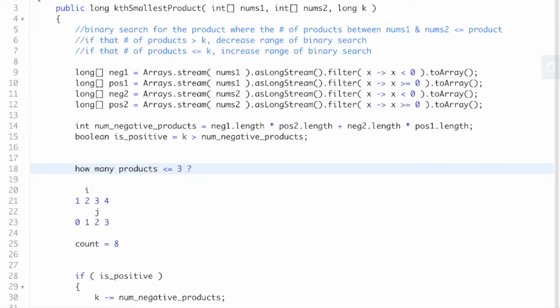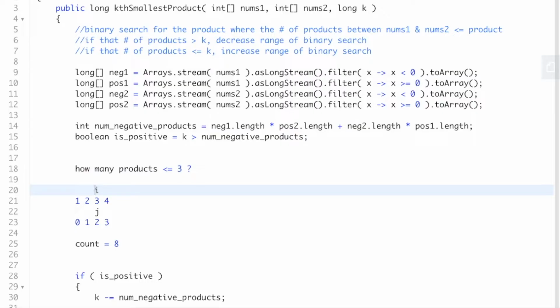Well, if this number times this number was bigger than this number here, then remember that these are sorted. So if I just keep increasing these numbers, then if I move i here, these numbers are still going to be, these numbers times this product, this number here. Like if we did 3 times 2, those are also going to be bigger than 3.